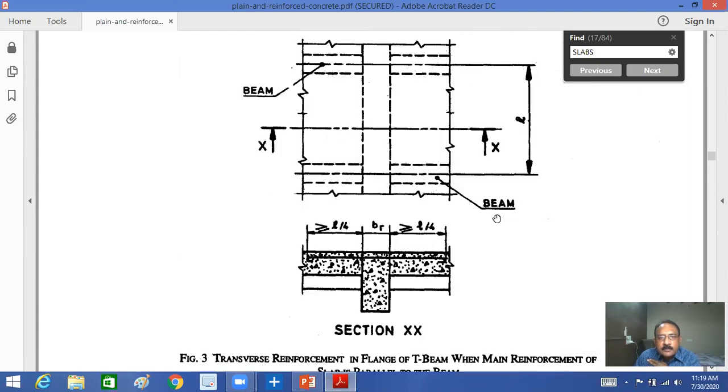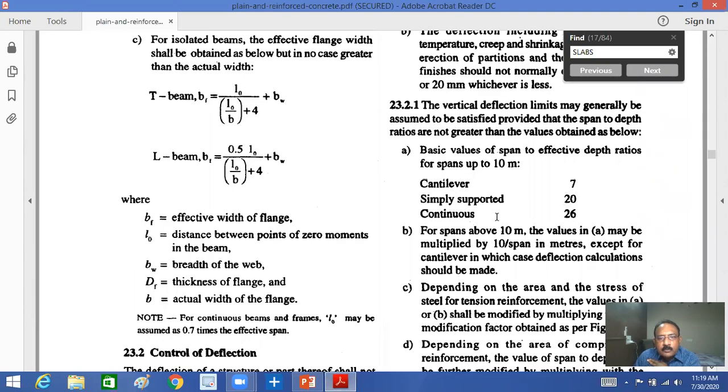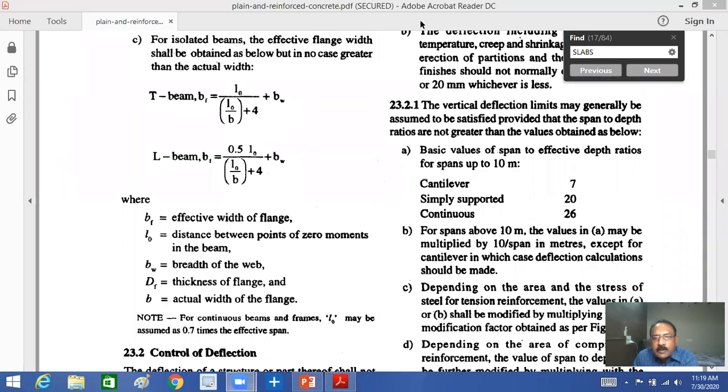This is what we have to practice. Up to 10 meters, the cantilever span to effective depth ratio is 7, for simply supported 20, and for continuous 26. You must remember these values.